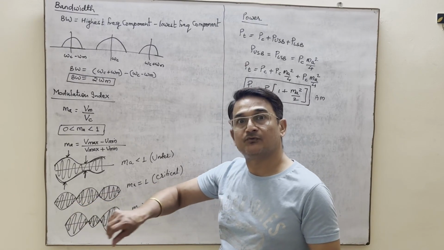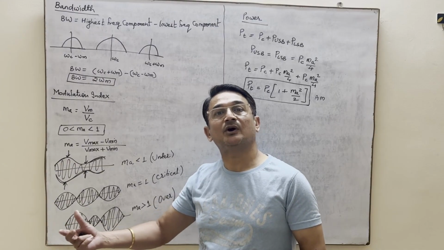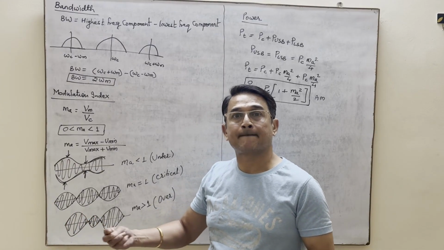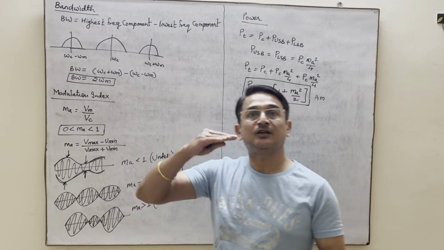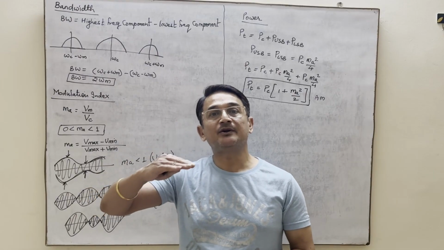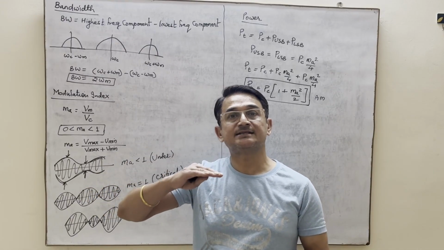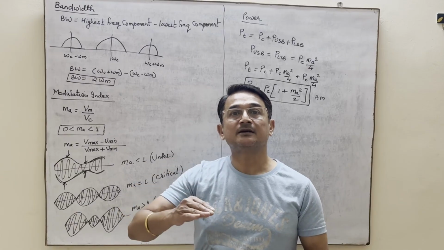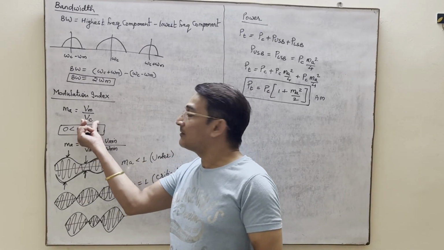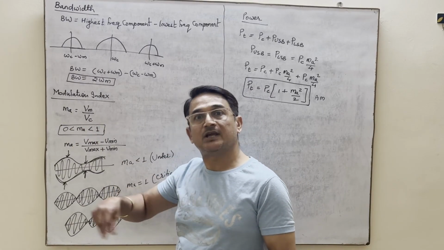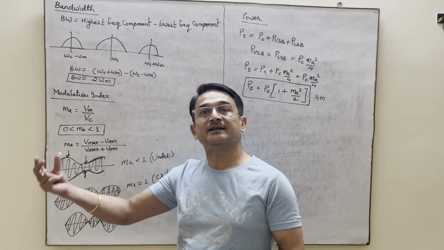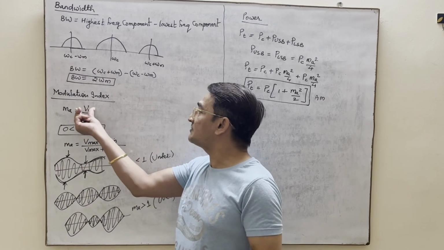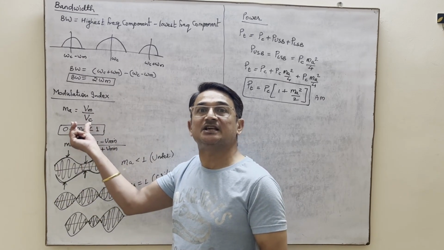After this, if you increase the amplitude of your modulating signal, what is happening is that you are maintaining the amplitude of the carrier signal while changing the modulating signal. Initially the amplitude of the modulating signal is less than the carrier signal. But as you keep increasing it, at a particular instant Vm and Vc become equal.